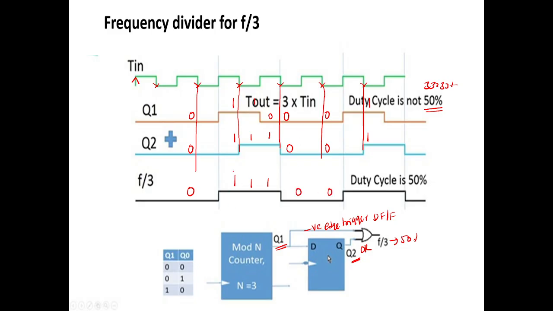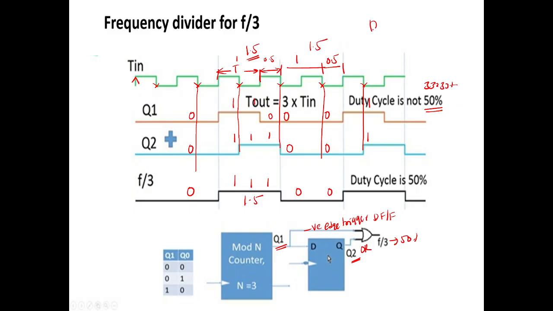If you observe here, how many cycles is this high? This is one cycle and this is 0.5 cycle, so it is on for 1.5 cycles. And how many cycles is it off? One cycle and 0.5 cycle, so 1.5 cycles it is off.